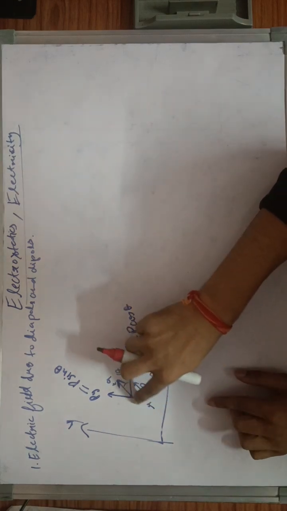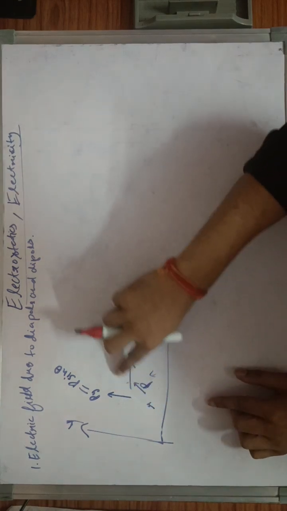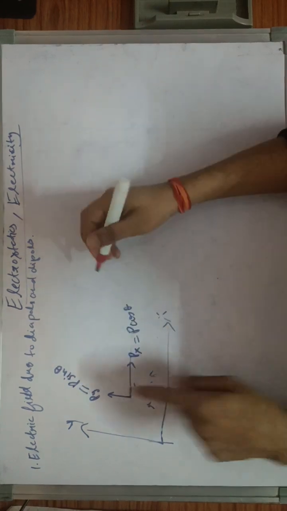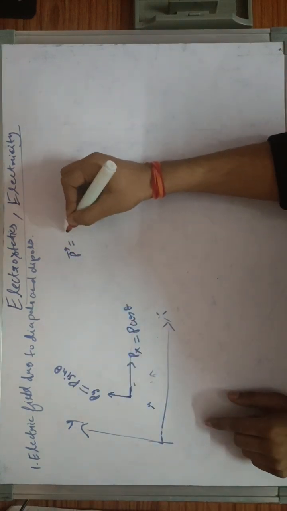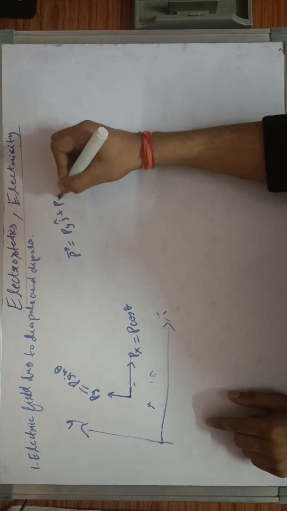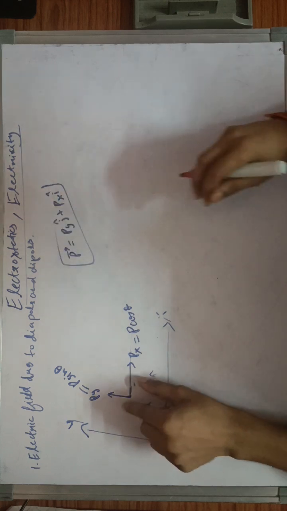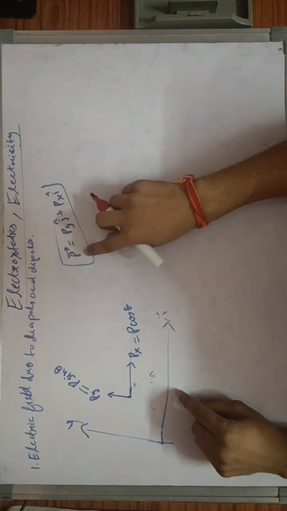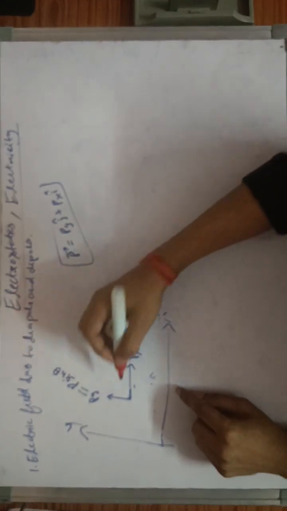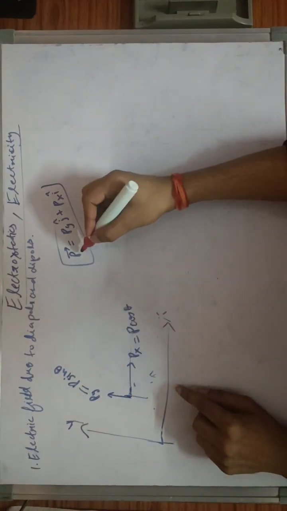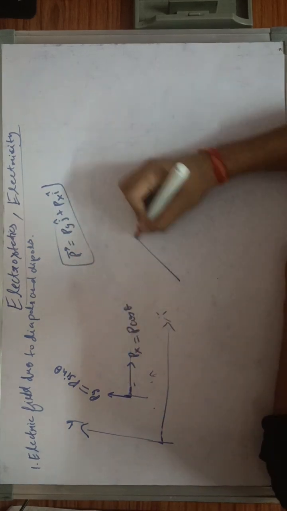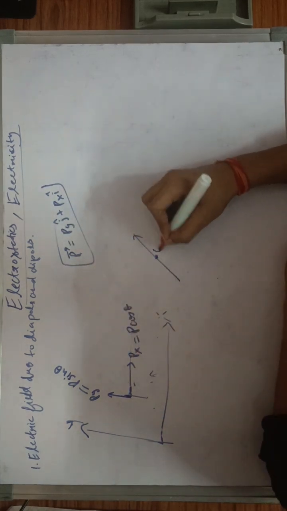So I have taken the component of this dipole moment vector in these two directions, and I can now remove this dipole moment vector, and I will say that the sum of these two vectors will give py into j cap plus px into i cap. These two vectors will give the dipole moment vector which we had here at this point. The center of all these vectors is the same. Let's say the dipole moment vector was this with center this C point.